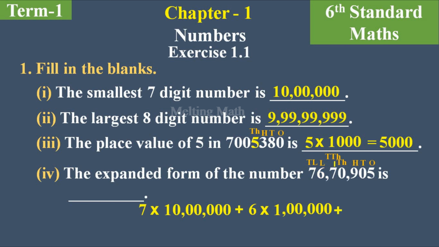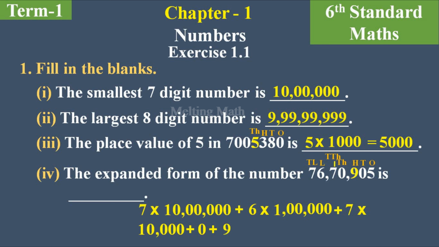Then plus the next digit, 7, which is in the 10,000 place. Write 7 and multiply with 10,000. How can you write 10,000? Write 10, then 1000 means 3 zeros. Then plus the next digit, 0, in the 1000 place. Anything into 0 is 0, so write it as it is. Then plus the next digit, 9, in the 100 place.